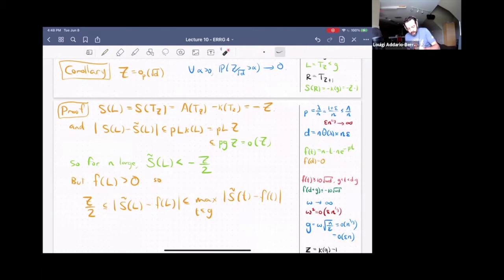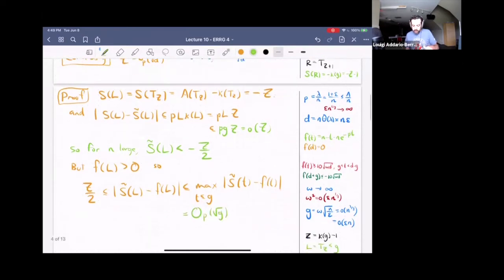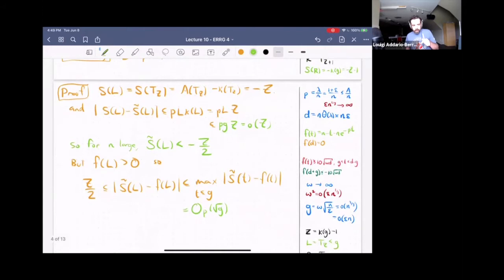And now what bound do I have on the right? Well, we said that difference is order root g in probability. Okay, but g is little o of epsilon n, and d is on the order of epsilon n, and so this is little o of root d in probability.